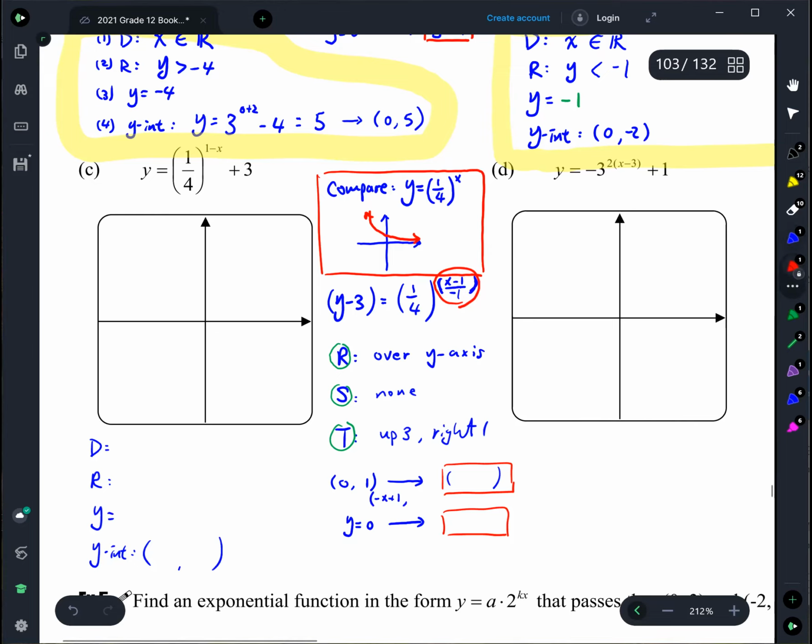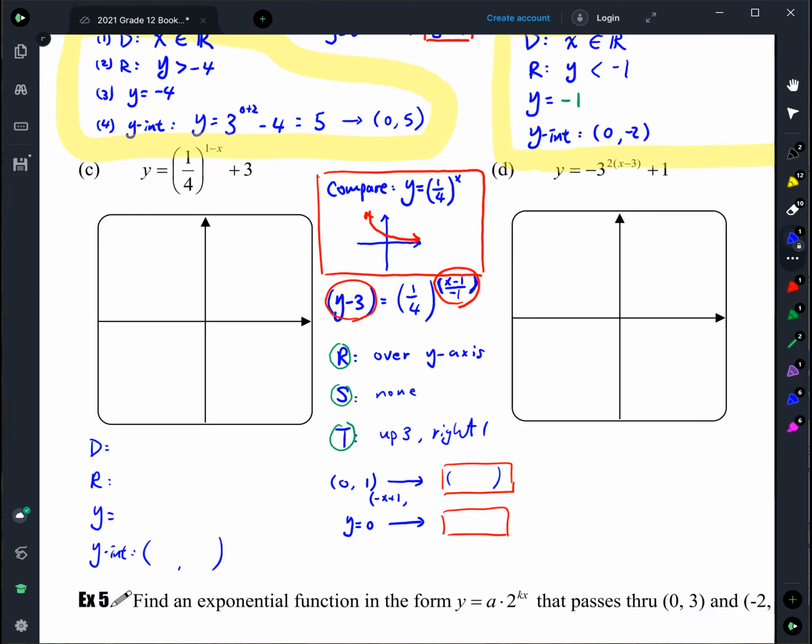For the y side, what do you see? Y minus 3. And what does that mean? You go up 3. Yeah, so if you go up 3, do you add or subtract the y value? You add. Yeah, so it'll be y plus 3, because there's no number underneath the y, so nothing to multiply.